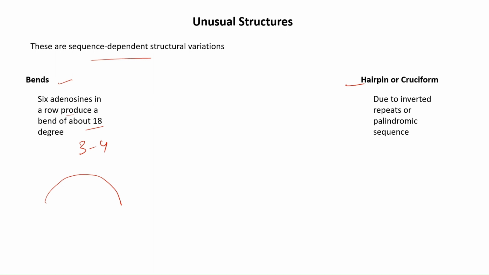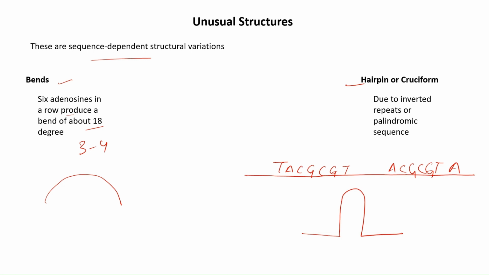What is a hairpin? For example, in this stretch of DNA, suppose a sequence is present, and after a few nucleotides gap, the sequence present is like this. What will happen? They will form a hairpin like that. So whenever there are inverted repeats or a palindromic sequence in a single strand of DNA, it forms a hairpin.